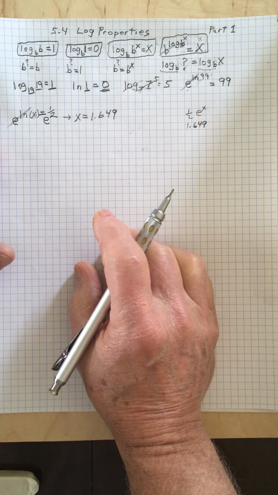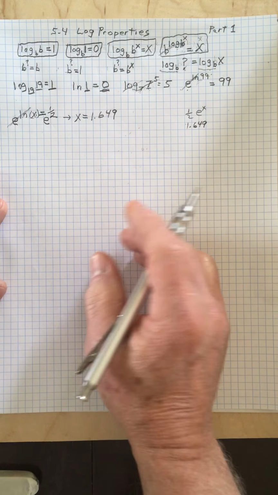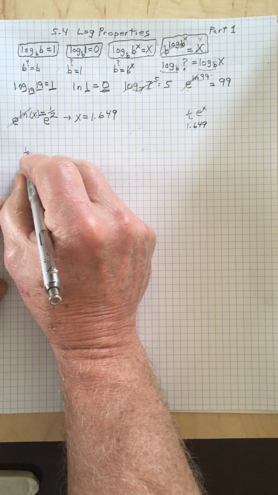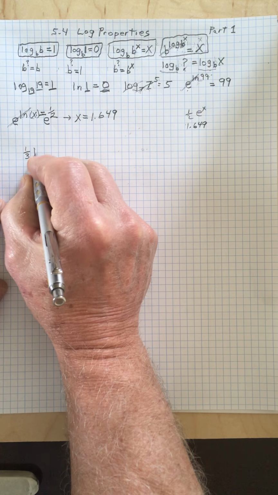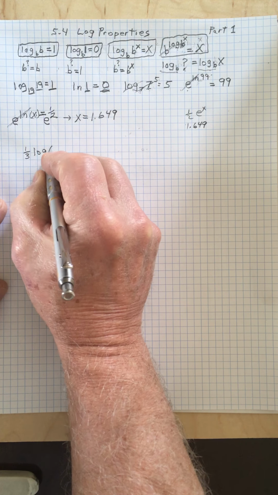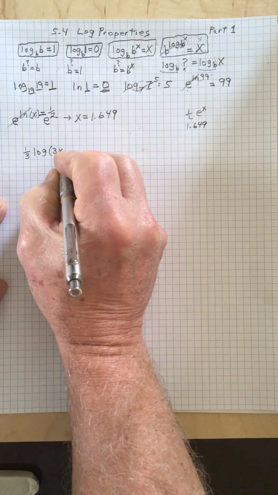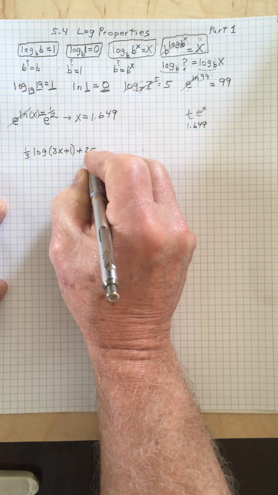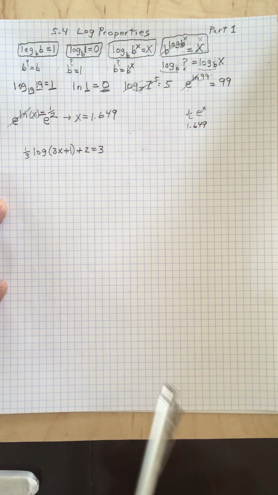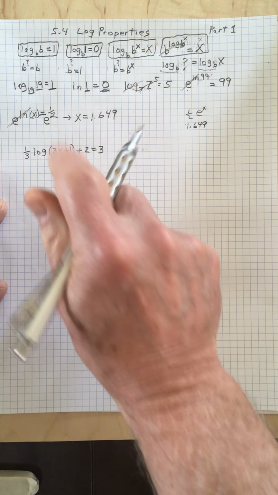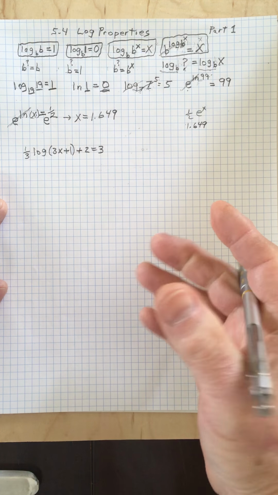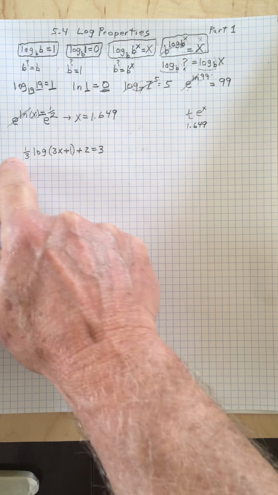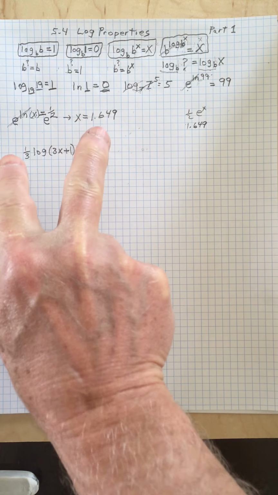Let's look at a little more difficult example. This one we'll have to do a little more work. Okay, again, before we apply any rules or try and do anything, we want to isolate the log term. That means I need to get rid of that, and then I need to get rid of that. So I get just log.